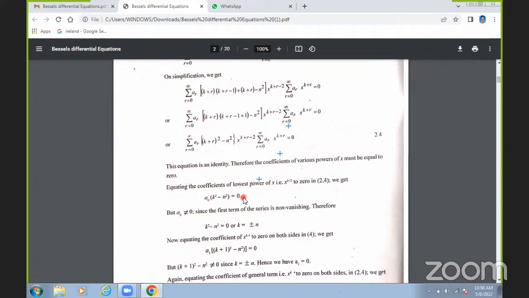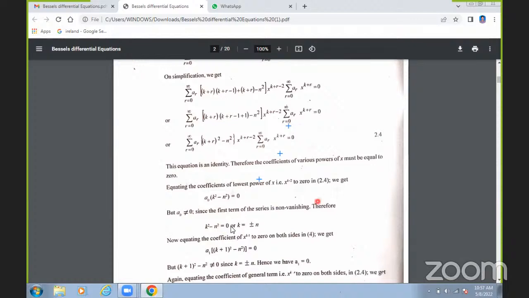But already we have seen that a naught is not vanishing, therefore a naught is not equal to 0. So we have to make k square minus n square equal to 0.